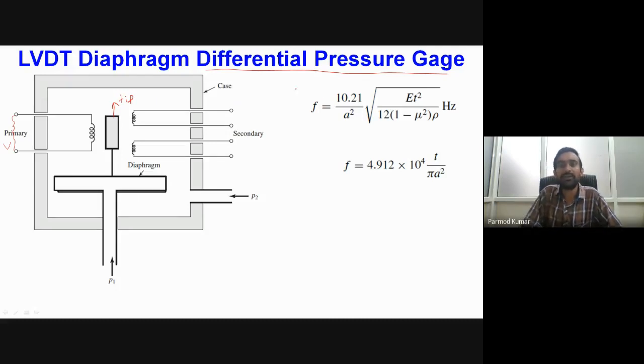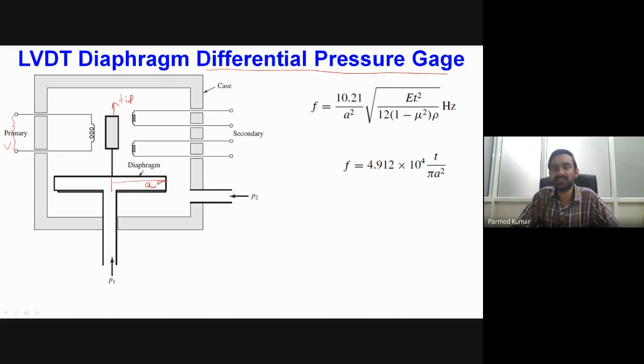Okay, so over here, while this diaphragm oscillates under the dynamic conditions of pressure, the frequency of diaphragm oscillations is given by 10.21 divided by a squared, where a once again refers to the radius of the diaphragm.